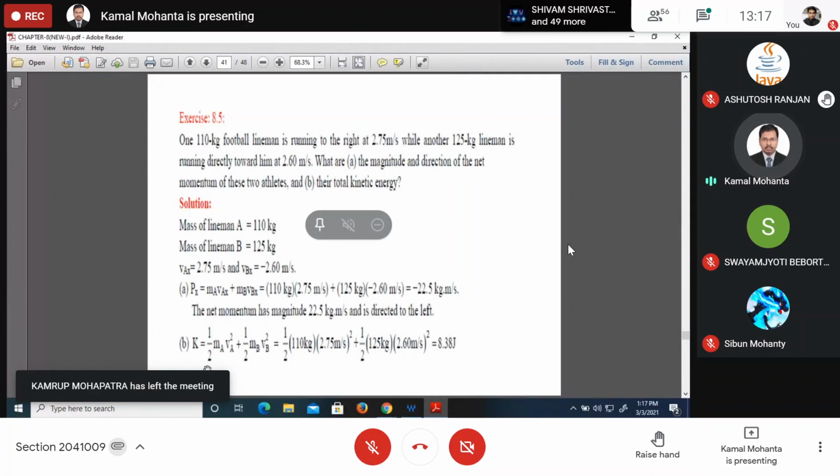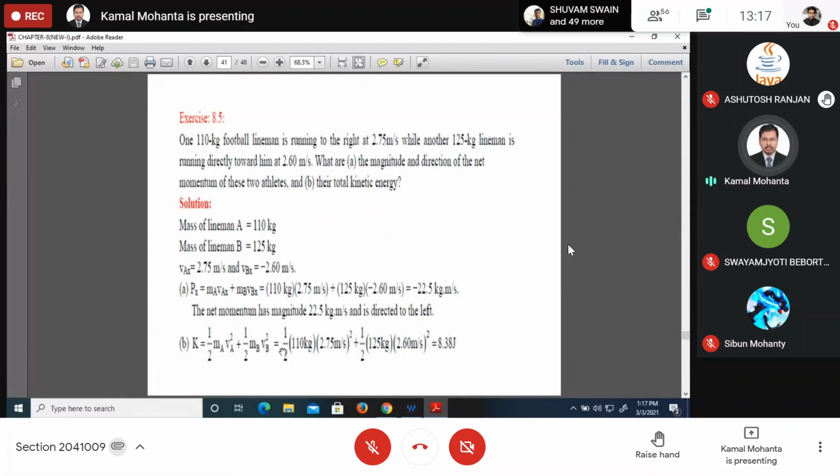Okay, so K is equal to half of M_A V_A square plus half of M_B V_B square. So this is half, and M_A is given 110 kg into V_A is 2.75 meter per second, square, plus half of M_B, which is given 125 kg, into V_B, this is 2.60 meter per second, square.